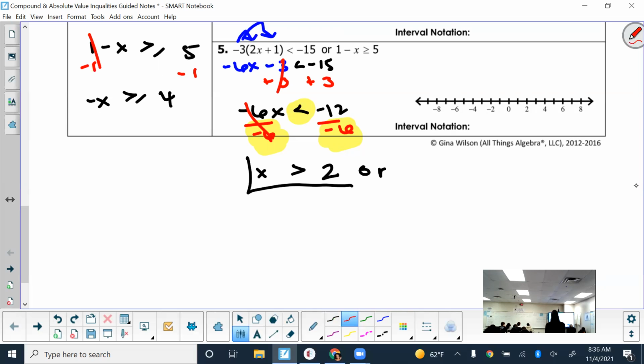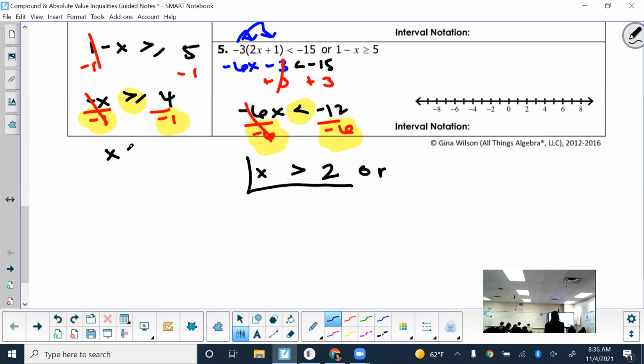No. You see completely by itself, no negative. How do I get rid of the negative? Good. Anything significant about that? Good, we divided by a negative again, so we need to flip the sign. So flip it.